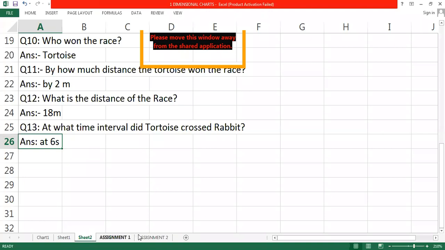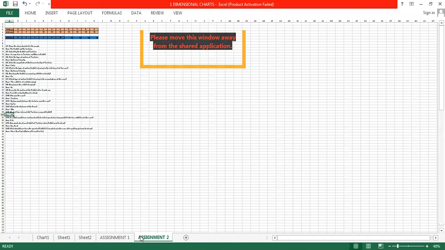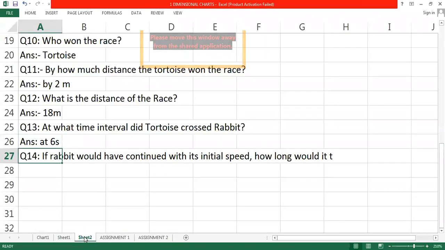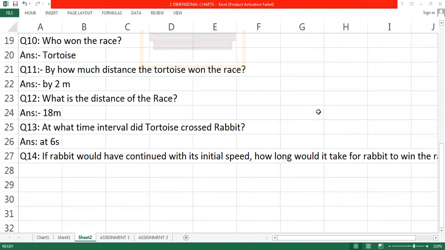Very good. Then the next one, again a very interesting question. Now look at this question, a little lengthy, but it says that if the rabbit had continued with its initial speed, understand, the rabbit slept, but if the rabbit had continued with its initial speed, how long would it take for the rabbit to win the race?